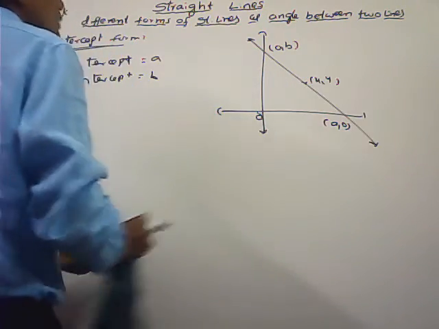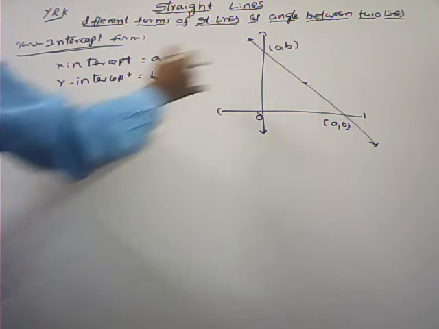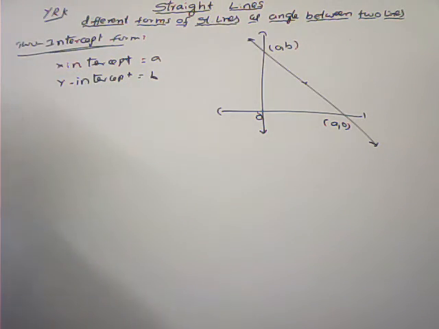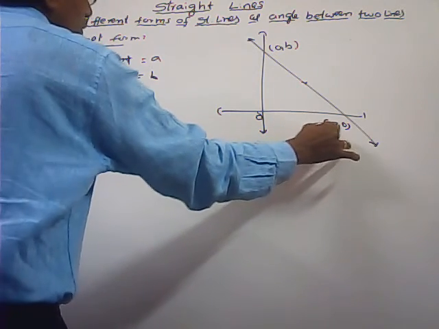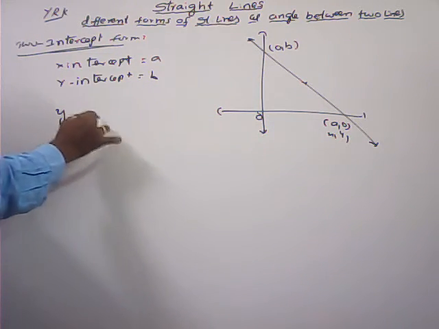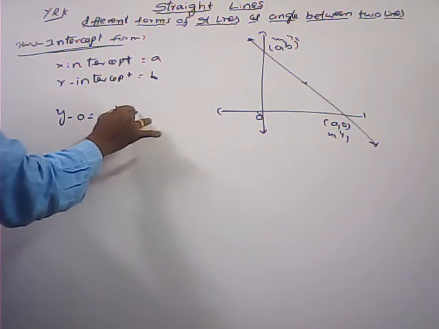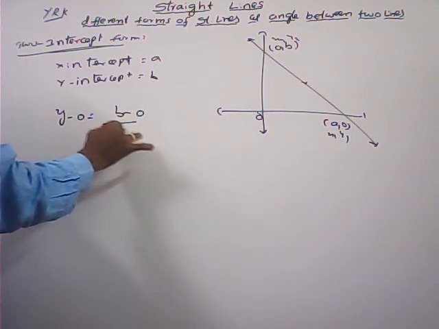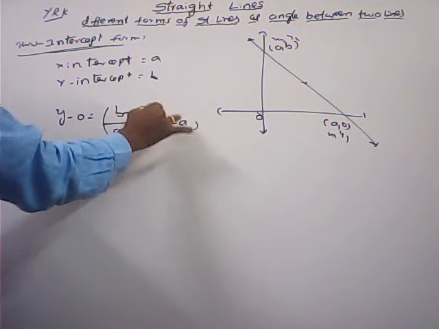Already we have done this: if 2 points are given, how to find the equation of the line? Here we can apply the 2-point form. y minus y1 equals (y2 minus y1) by (x2 minus x1) into (x minus x1), taking (x1, y1) and (x2, y2).